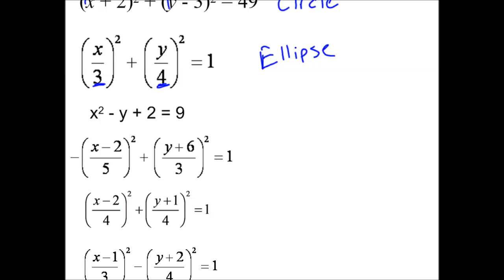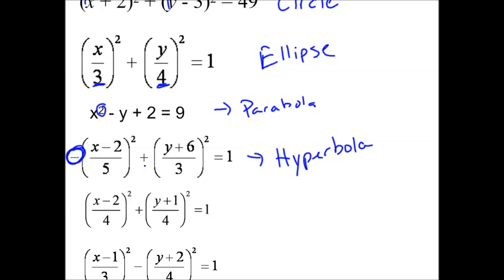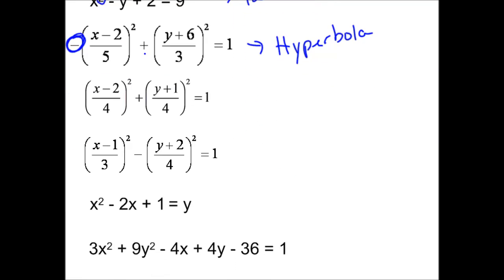Okay, on this one here, I see a squared term, but only one squared term. So therefore, parabola. Okay, I see squared, I see squared, I see plus, but don't let that trick you. There's a negative in front of the x squared, so since there's a negative in front of one of the squared terms, automatically it's a hyperbola. All right, I'll give you a couple more.